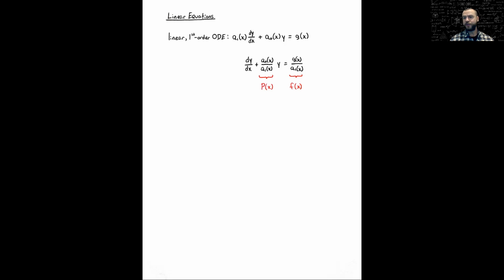We're just introducing another name. This is just standard notation for linear first order ODEs. Same thing with that right-hand side, g of x divided by a sub 1 of x is just some function of x, which we'll call, uncreatively, f of x.